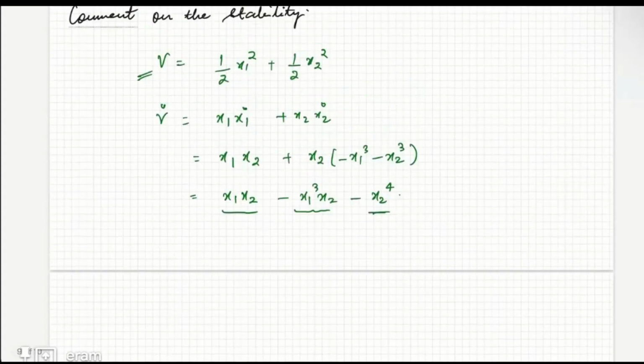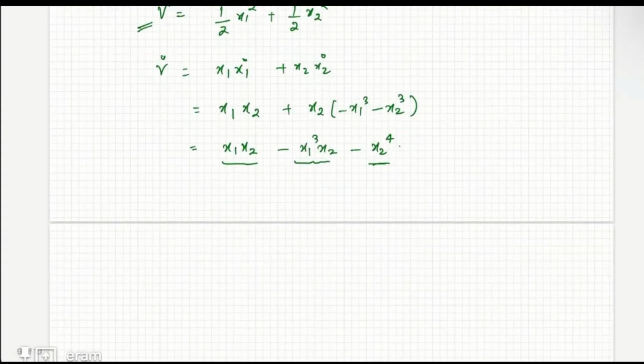So for this case, if we consider this quadratic Lyapunov function, then we can see that this V dot gives us no such information that allows us to give any guarantee on the stability of the system. But now if we change our selection of the Lyapunov function, let's suppose we consider the Lyapunov function as follows.